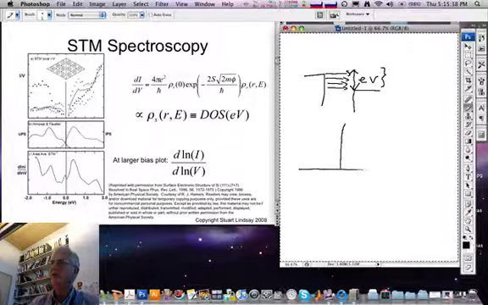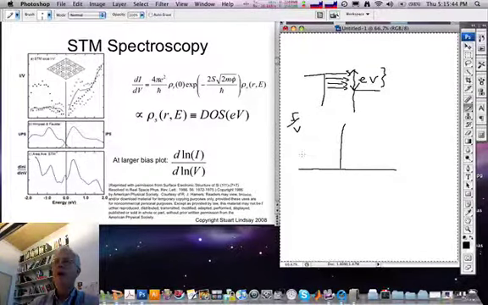What is done to normalize this a little is to plot the current divided by voltage as a function of voltage. If you multiply by the electronic charge, you have the energy in electron volts. And so you see here that there are features in this curve that are associated with the density of states of the material.